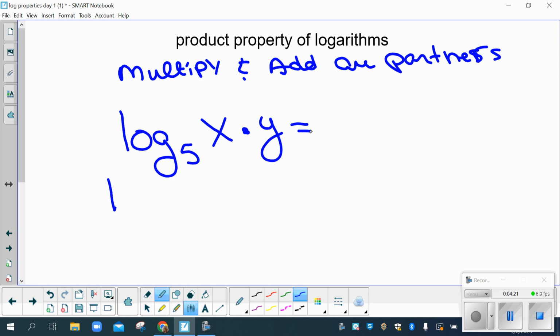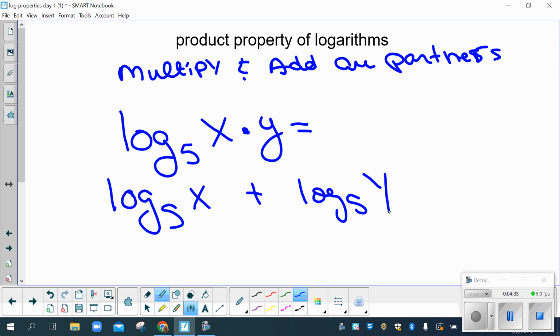It equals log 5 of x plus log 5 of y. Does that make sense? It's weird, and you're like, what does that even mean? Eventually, this will make a little baby problem that we can do, and another little baby problem that we can do, and it becomes super, super easy.